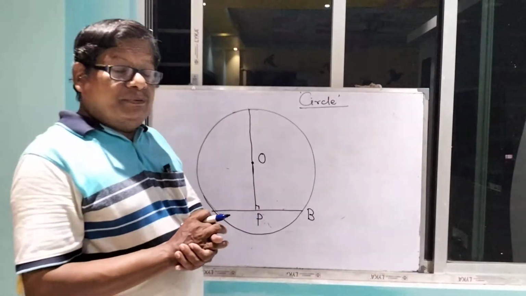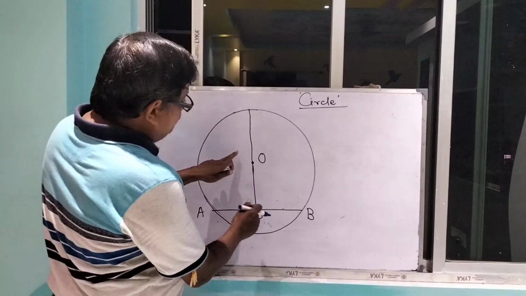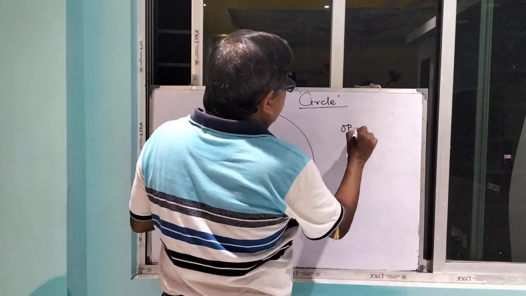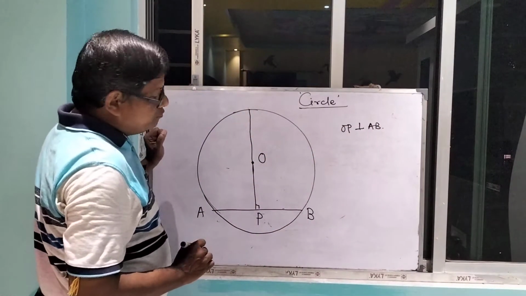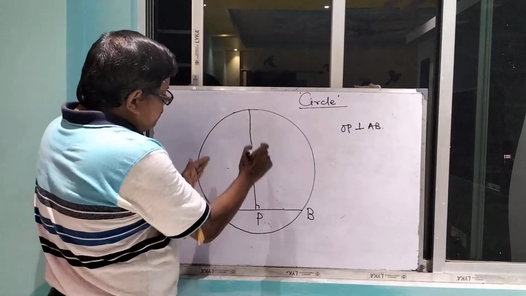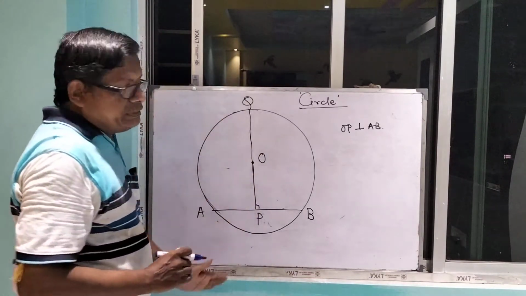Understood? Keep in mind, a straight line which passes through the center and is perpendicular to the chord bisects the chord. See? OP is perpendicular to AB.